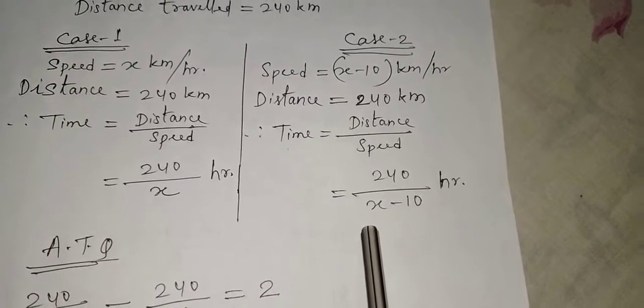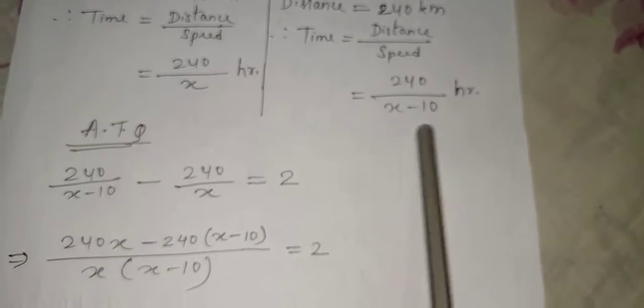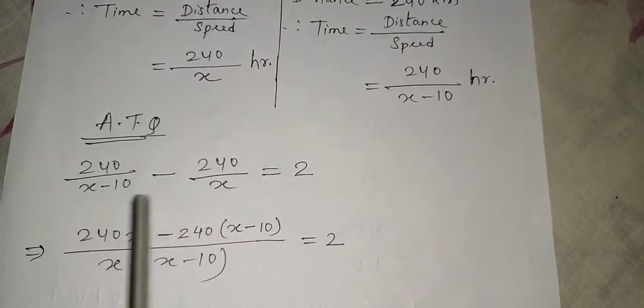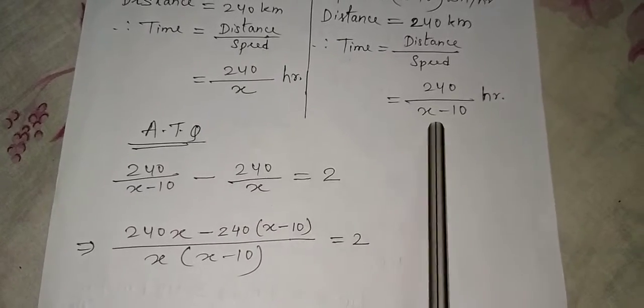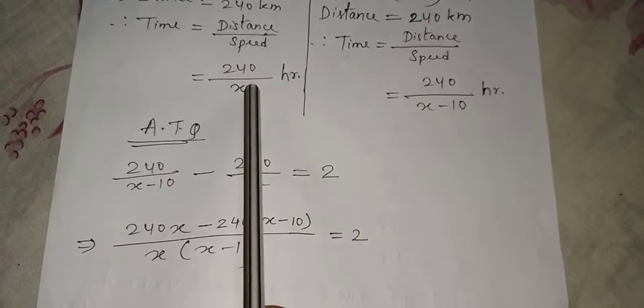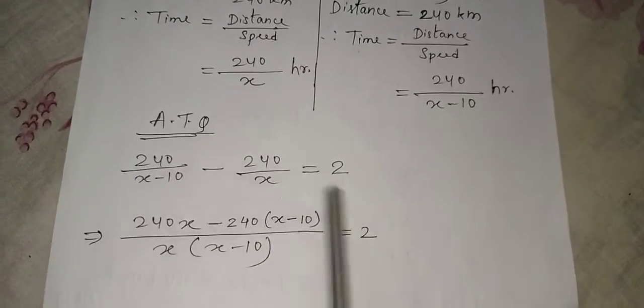That is, it took 2 hours extra. So I can say 240 by x minus 10 minus 240 by x equals 2, because the difference between these two times will be 2 hours. This is 2 hours more, this is 2 hours less, so this minus this equals 2. That is what I wrote.